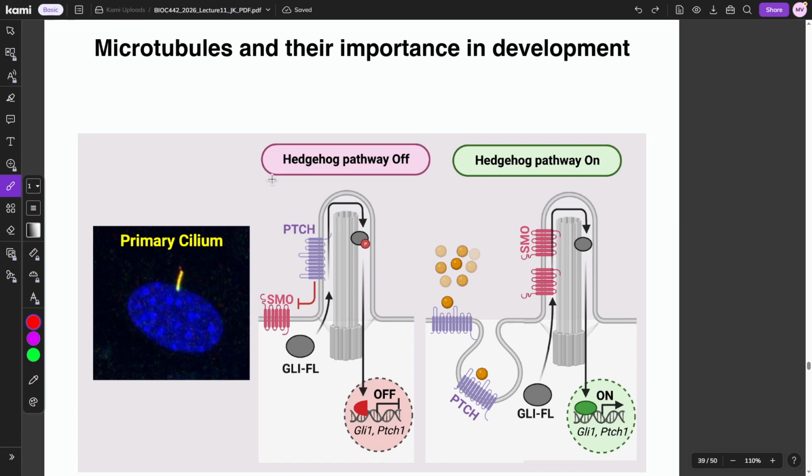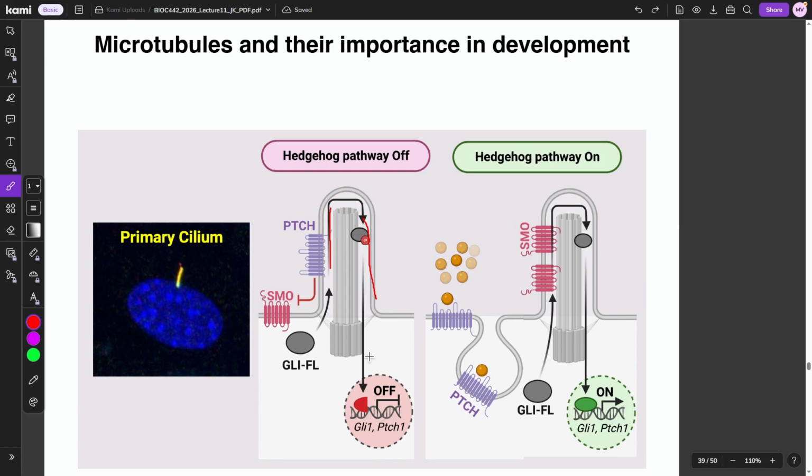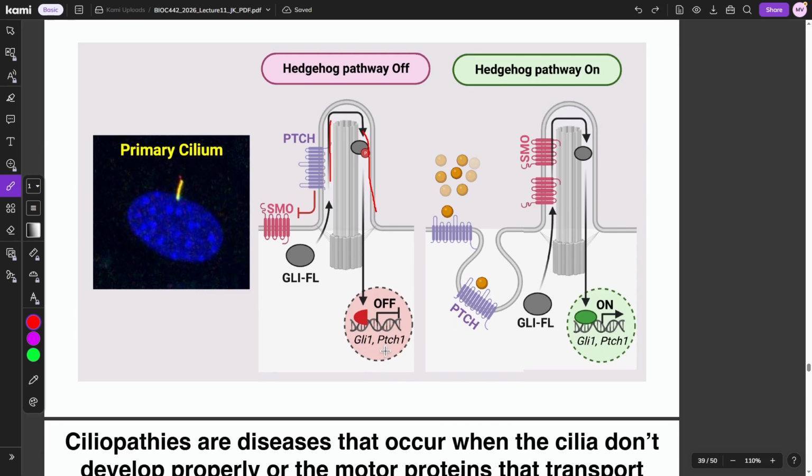And here actually is a great example. You guys already talked about this in terms of hedgehog, but GLI-FL doesn't just float around, right? It's carried through these motor proteins, through these processes. So it binds to these microtubules, it moves up, maybe through kinesin, and then through a dynein, maybe it comes back down, and then it gets into the nucleus and does its activities.